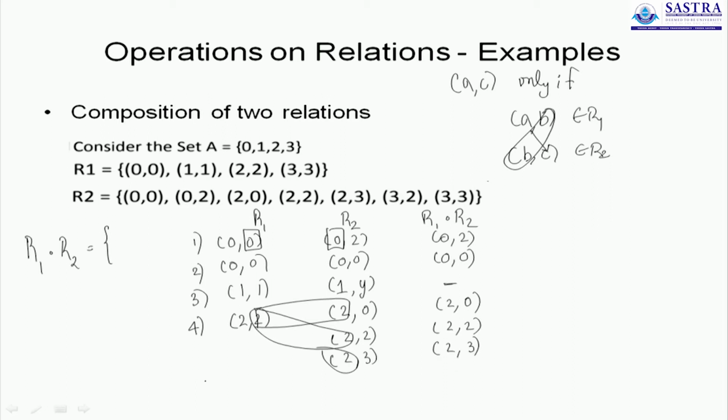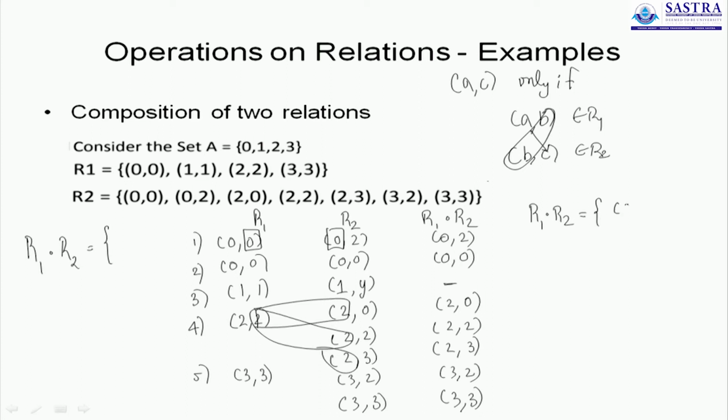The last part of it with 3, I have only 3 2 and 3 3. So if I pair the first 2, I'll get a 3 2. To pair the last 2, I'll get 3 3. So this set of R1 composition R2 will contain these 7 pairs.